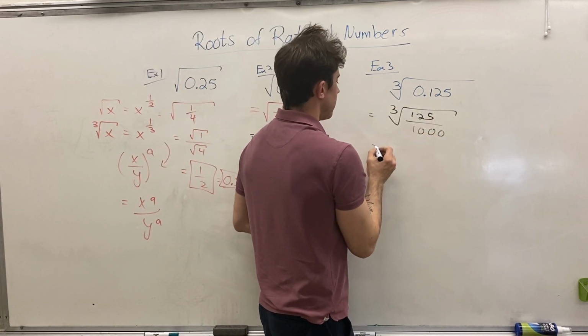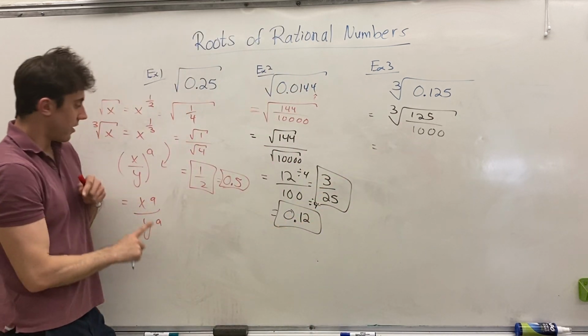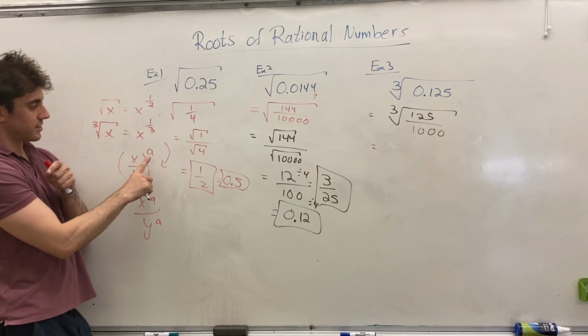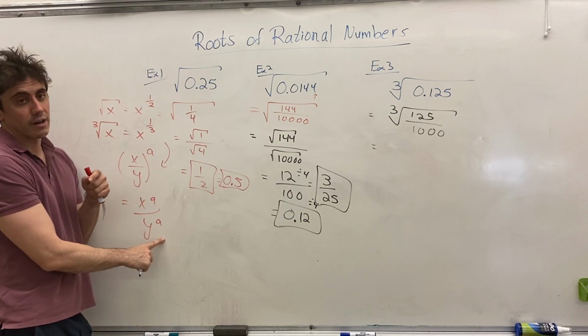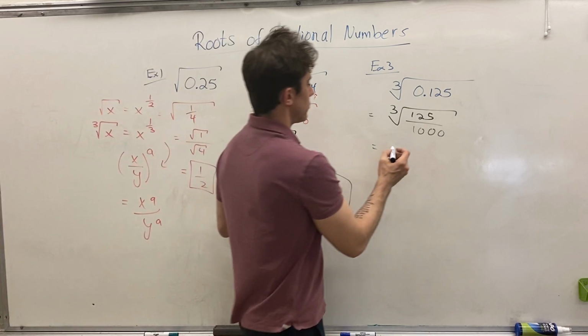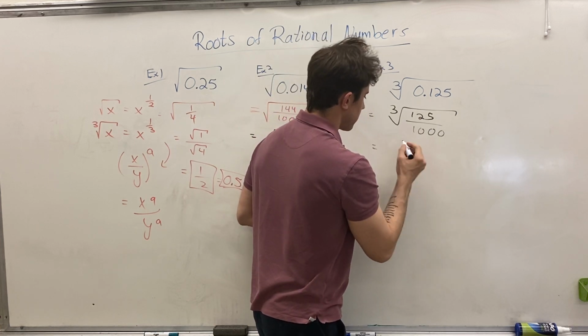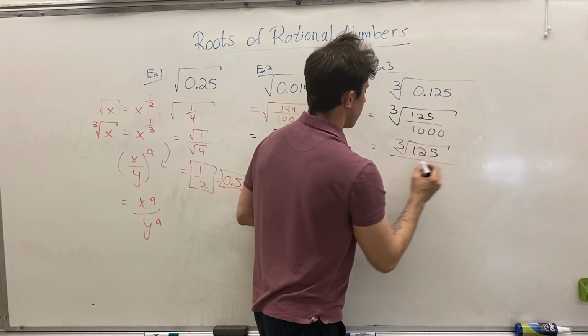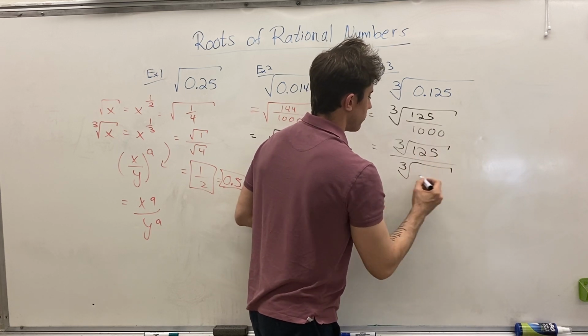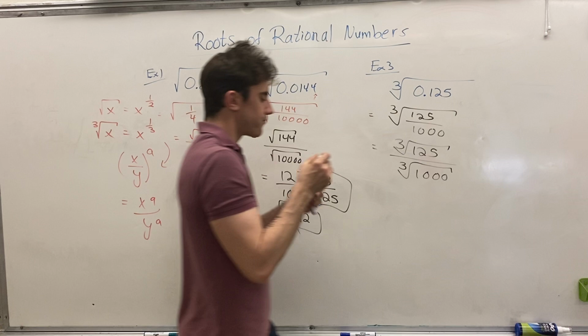And there we have it. And now we have the cube root of a fraction, which means we can take the cube root of the numerator and the denominator individually. And so we'll do so. We'll have the cube root of 125 over the cube root of 1000.